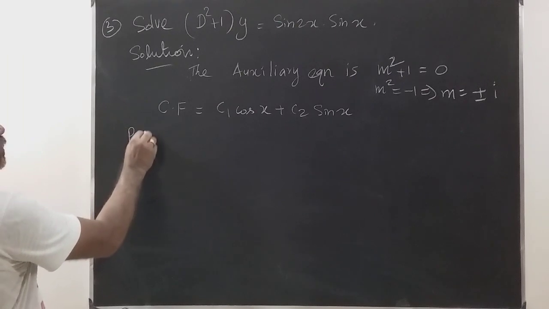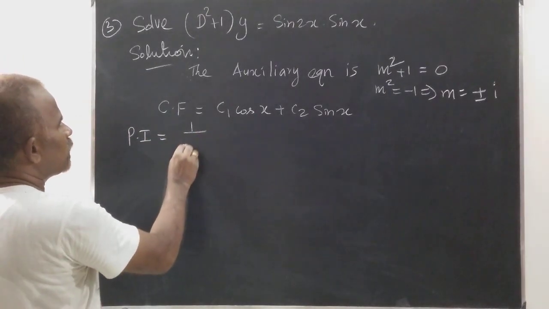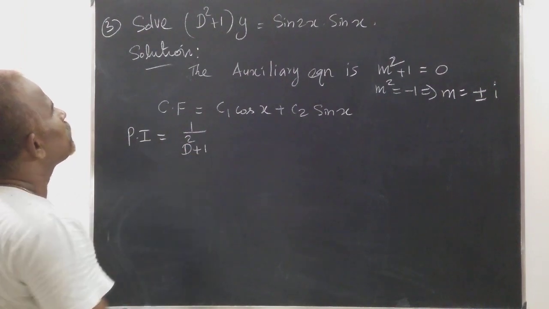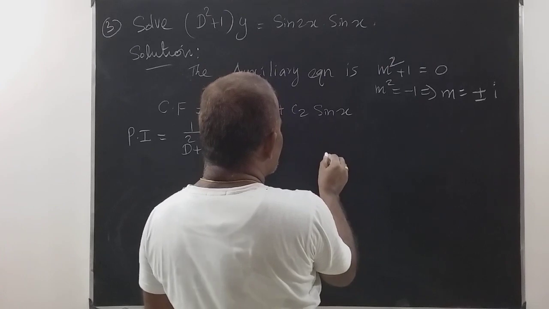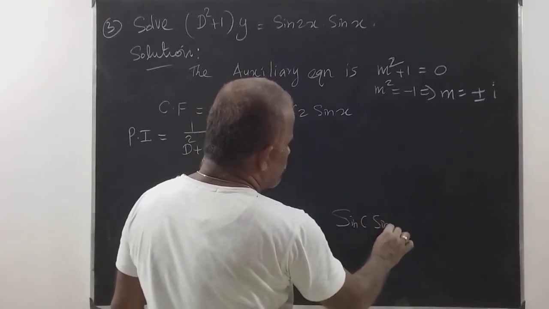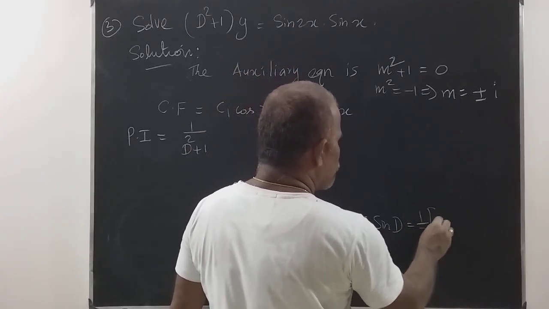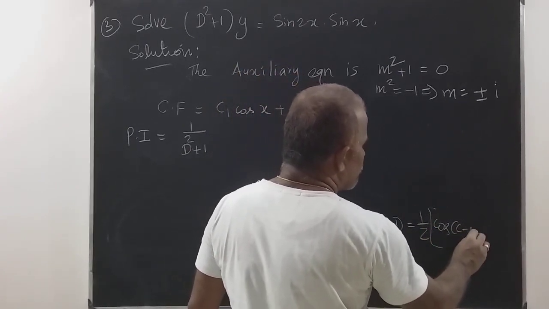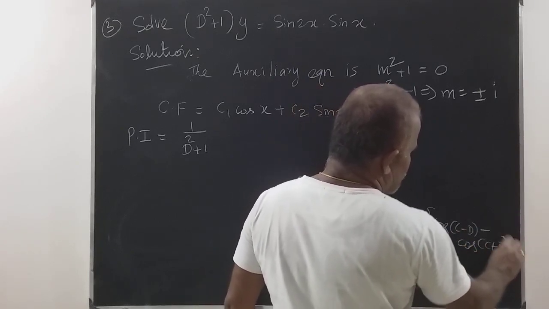Particular integral is equal to 1 by D square plus 1. So here sin C sin D is equal to 1 by 2 into cos (C minus D) minus cos (C plus D).